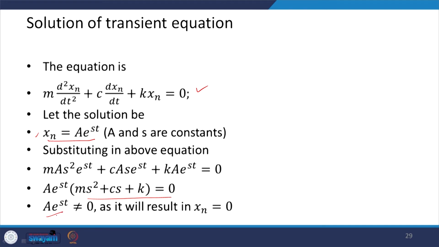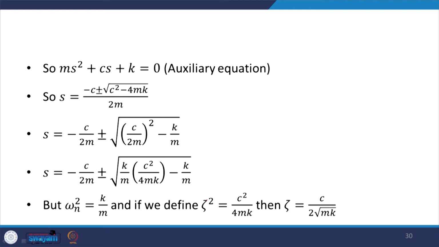This cannot be equal to 0, because if I make it equal to 0, this itself will become 0. So, I make the other equal to 0. So, this is my auxiliary equation.